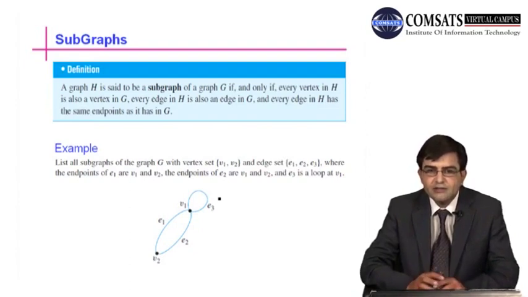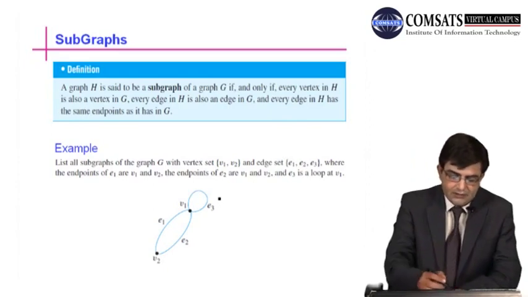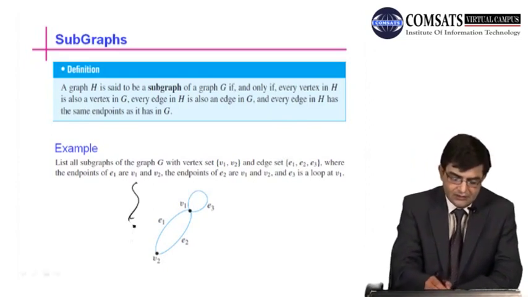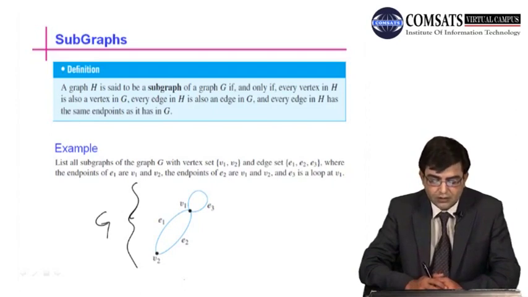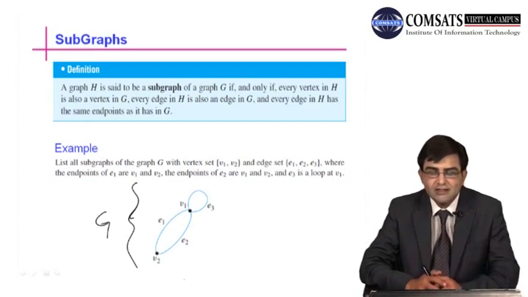And one more property we have to investigate in subgraphs is that the endpoints of each edge must be the same as the endpoints of that edge in the graph G. For example, if we see this graph G, this graph has two vertices V1 and V2 and three edges E1, E2 and E3.